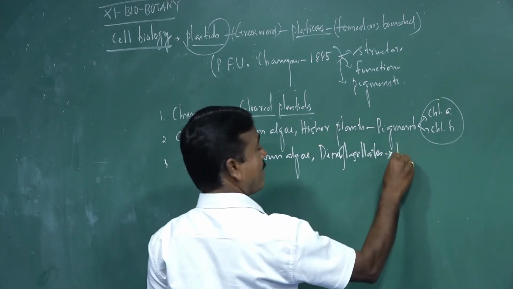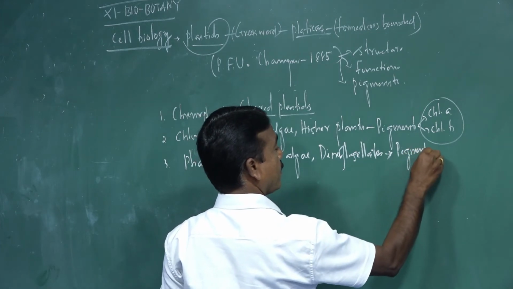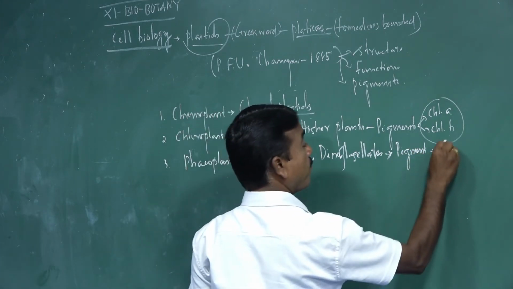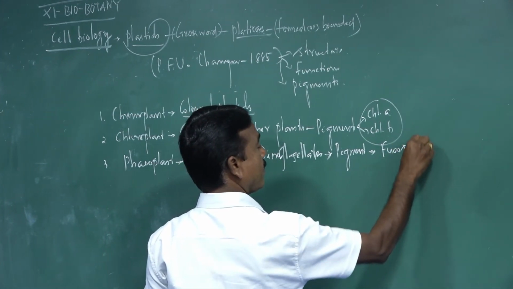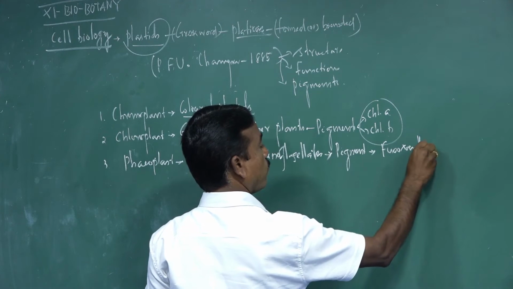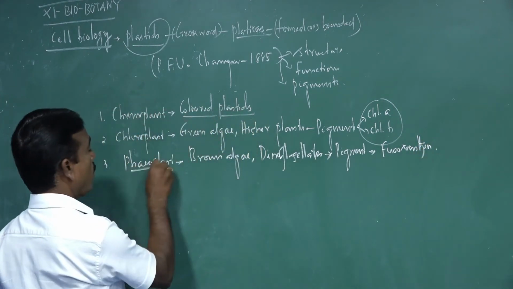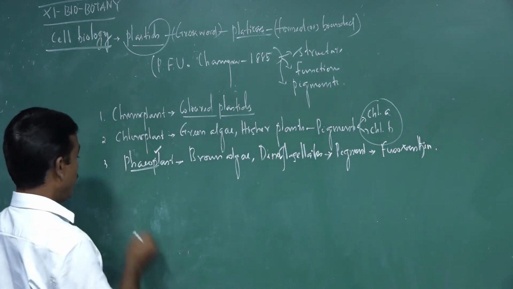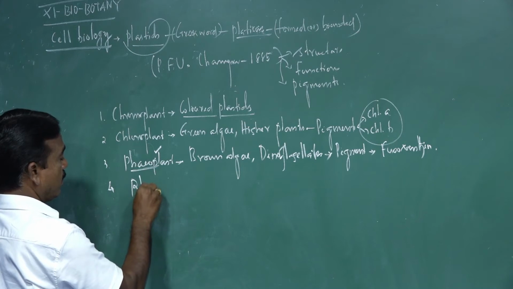What type of pigment is there? It is commonly called fucoxanthin. So fucoxanthin pigments are generally present in phaeoplast. Then the fourth one, rhodoplast.